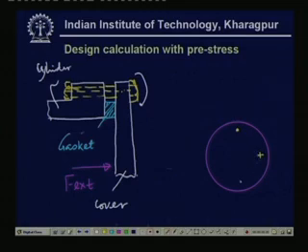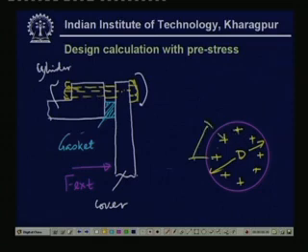Here there is another bolt. The number will depend on the diameter of the cover plate. If you see the standard on pressure vessels, this distance will have some minimum value. So this length P must be greater than some P minimum. All these considerations will give you the number of bolts to be used here.